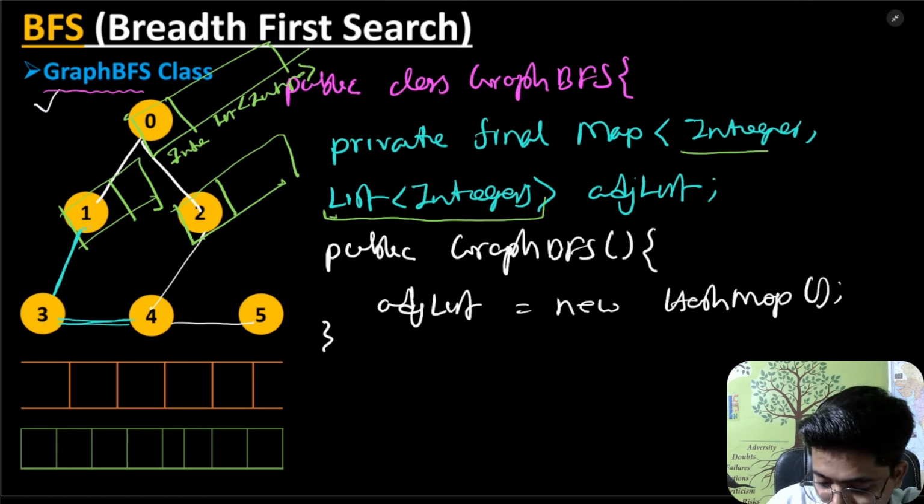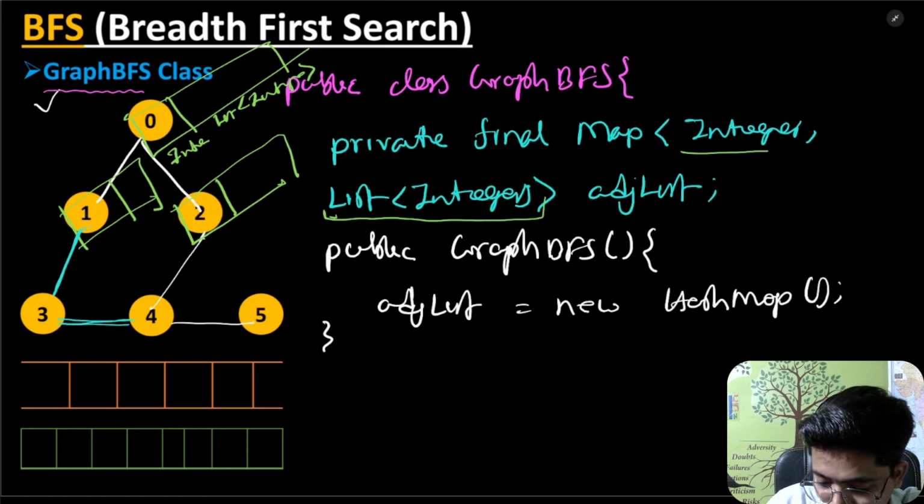Then for integer neighbor in neighbors, in the adjacency list of neighbors, we'll check whether it is not present in visited.